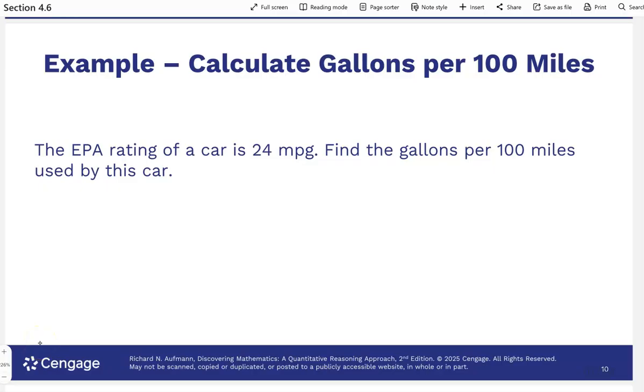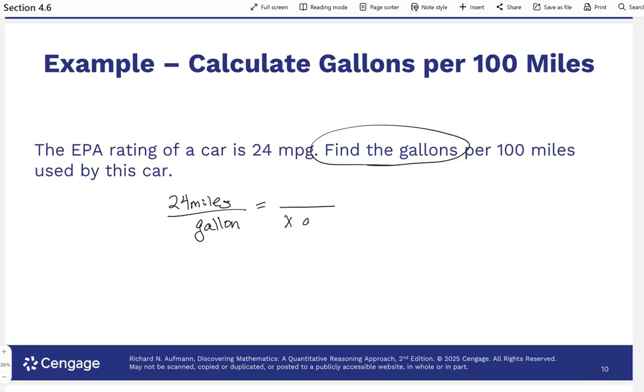So we could set up a proportion. So we have 24 miles, and that's per gallon. And we want to know how can we make that equal to, we're looking for the number of gallons. So I'll call it X gallons per 100 miles. So how many gallons would it take to go 100 miles is what this is trying to say. So we're going to cross multiply. So we've set up this proportion.